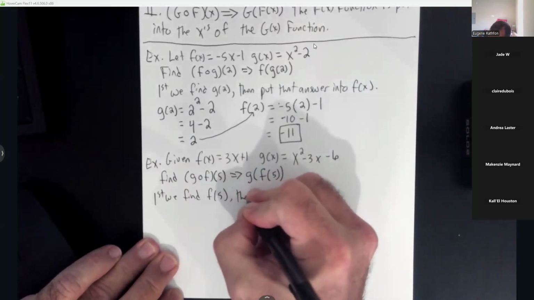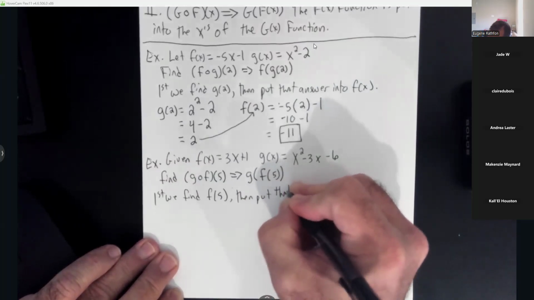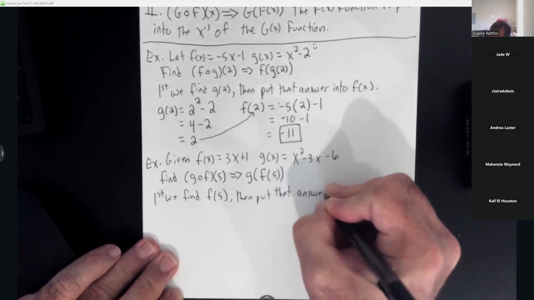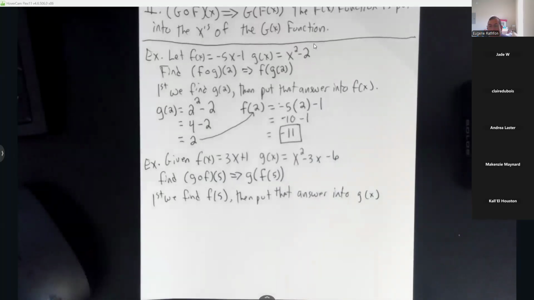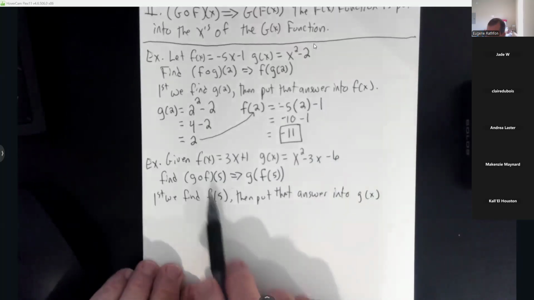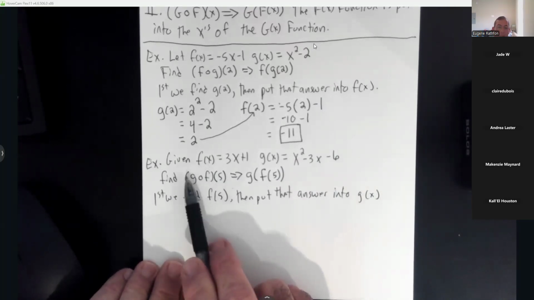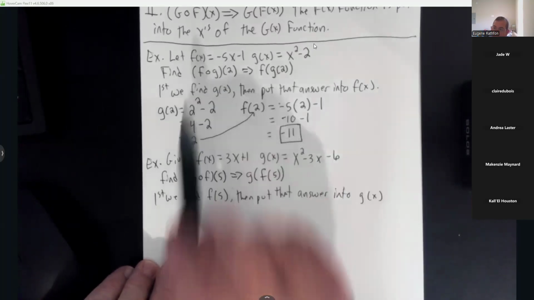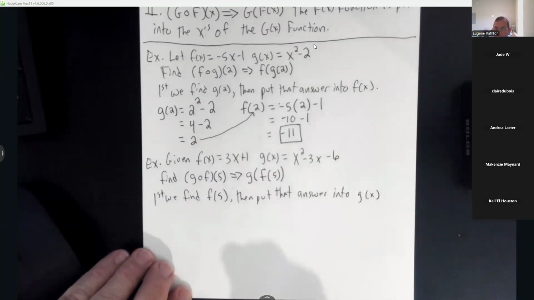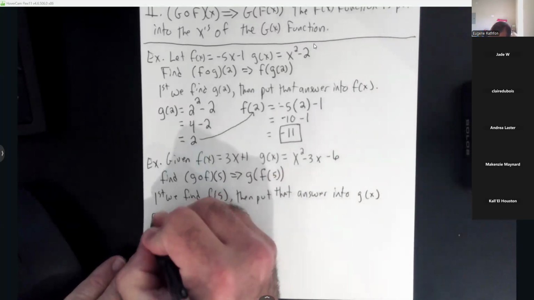Then put that answer into the g of x. Okay, so the second function always gets evaluated first and put into the first one. Just like up here, we did g first and put it into the f, okay? So that means we're going to start with f of 5.